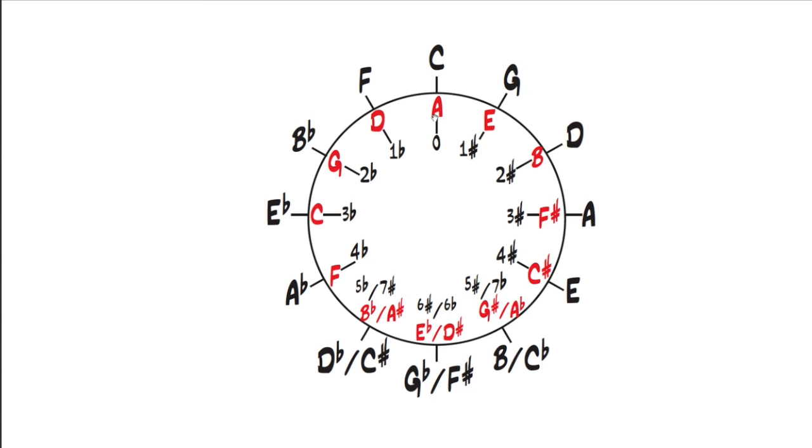So that means that the key of C major has 0 sharps or flats, or the C major scale has 0 sharps or flats, but the key of A minor has the same. It has 0 sharps or flats, or the natural A minor scale has 0 sharps or flats. Just like the G major scale, or the key of G, has 1 sharp, the E natural minor scale, or the key of E minor, has 1 sharp, just like the key of G.